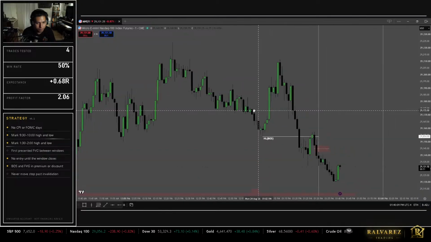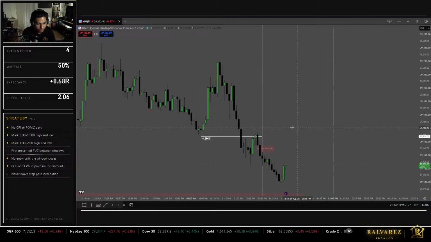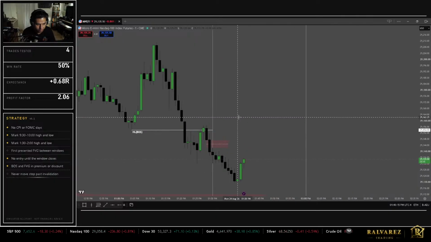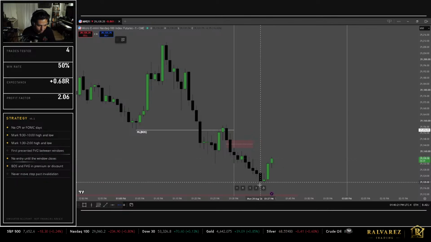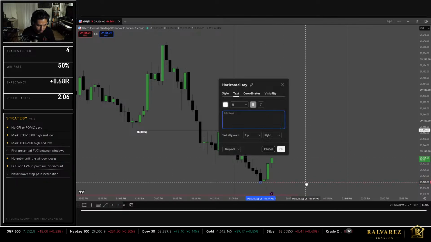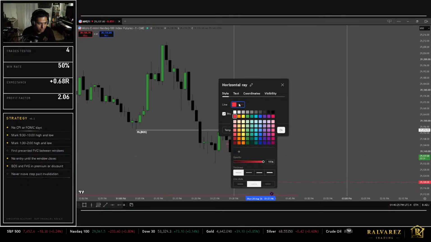Beautiful. So between 1:30 to 2 o'clock, very simple, just like we did in the morning session. Right now I'll just label it for now, and we'll keep on moving it. The last one we had blue, so we'll make this one red.